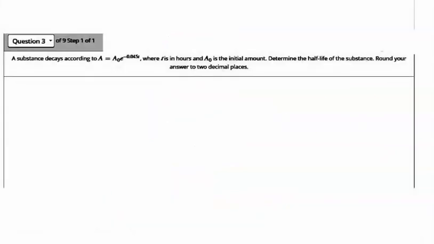Now in example 3, we see our formula. And some of these are very similar. We're looking for half-life of this substance. So this A is going to be a 1. And this A is going to be half, which is 0.5.